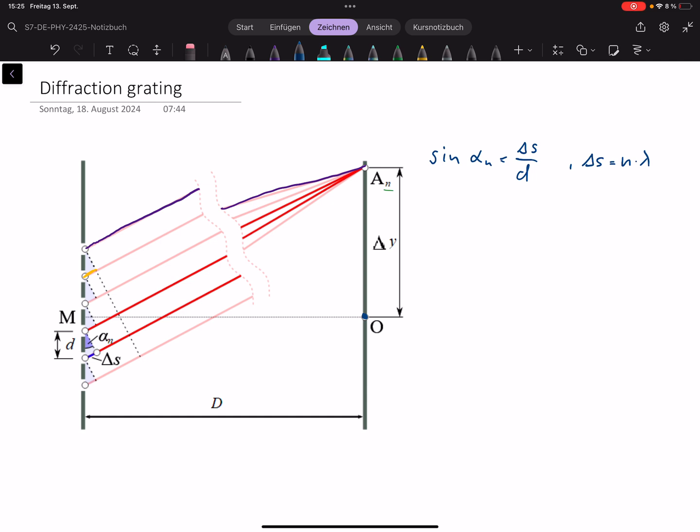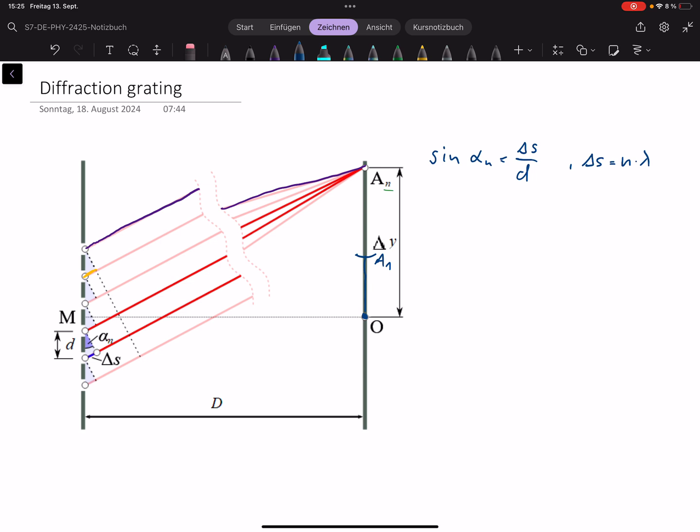As we increase this delta y and go up, we find somewhere a location that's called A1, where this delta S is exactly one wavelength. That means that's the first place where we've got constructive interference.